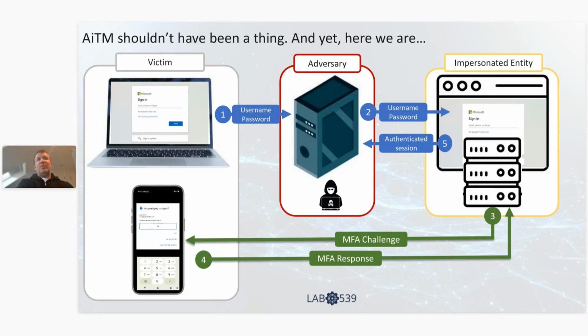And the thing to be a little bit mindful of in this as well is the victim might well think they're logging into some unimportant application. Might be some third-party application that's reliant on, in this case, Microsoft as their identity provider. So they're logging into a third-party application with their Microsoft account.